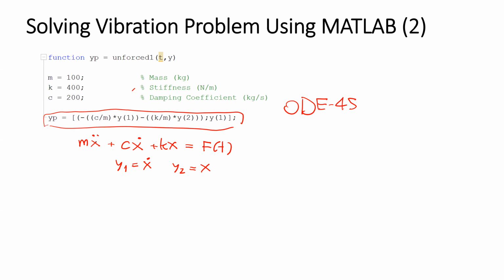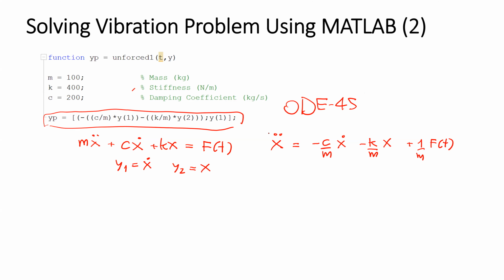From this equation, we can write x dot dot equal to minus c per m x dot minus k per m x plus 1 per m ft.